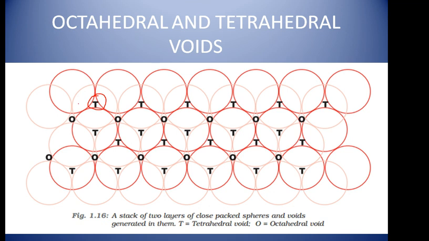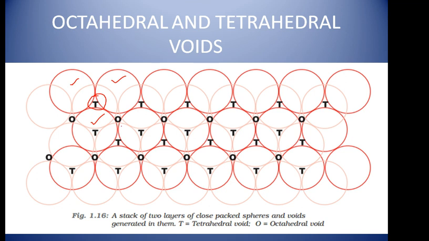One atom, the light red one, in one layer, and in another layer there are three atoms, the deep red ones, 1, 2, 3. So when you have one sphere in the first layer and above it three spheres, the void created between these two layers is known as tetrahedral void.